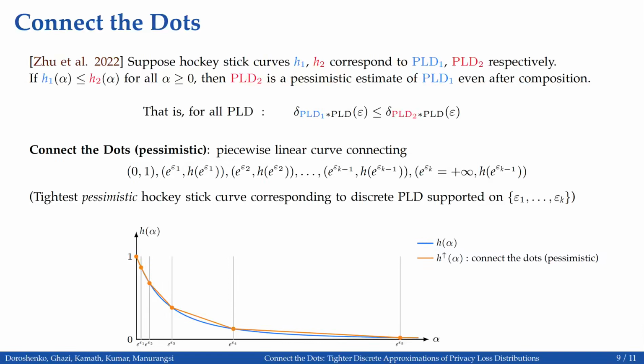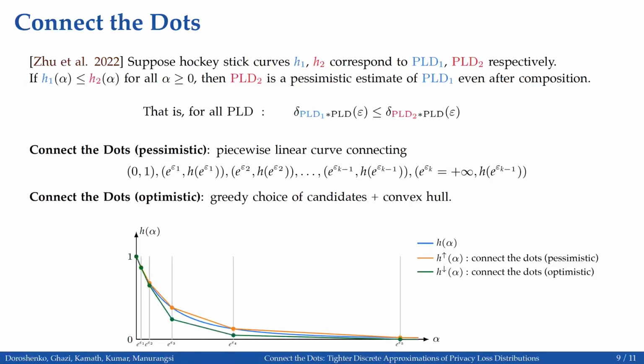In fact, this construction is the tightest possible pessimistic PLD that one could get that is supported on the given epsilons. For example, this can be seen by comparing to the hockey stick curve attained by the prior approach I described earlier of rounding up probability masses.